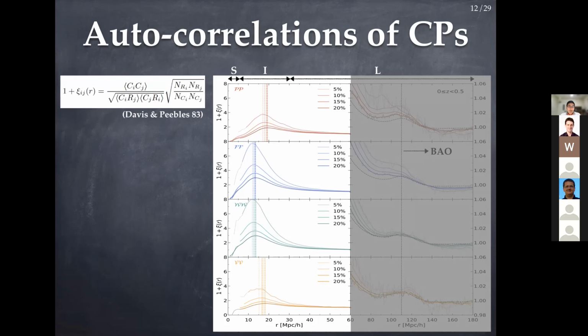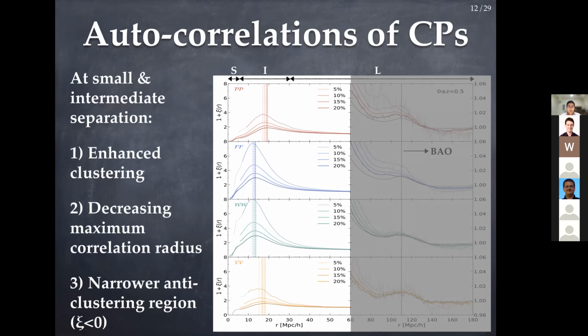So to measure the correlation function, we adopted a modified version of the Davis and Peebles estimator. And we analyzed small to intermediate and finally large scales. And we'll now first focus on the small to intermediate separation. And here there are 4 types of autocorrelations pairing same types of critical points. And each of them has been measured using different subsamples with different rarity.